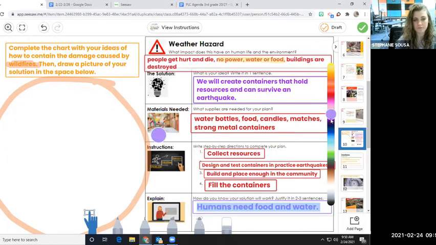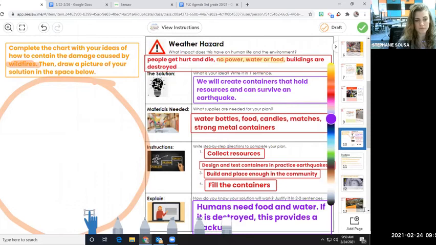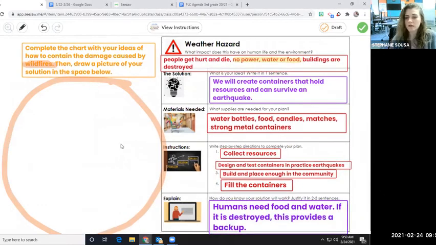If it is destroyed, this provides a backup. Okay, so if the food and water in the community that is there before the earthquake is destroyed, this is a backup. So they will have that as an available option to them.